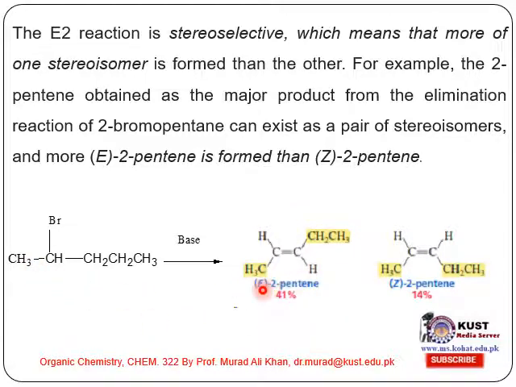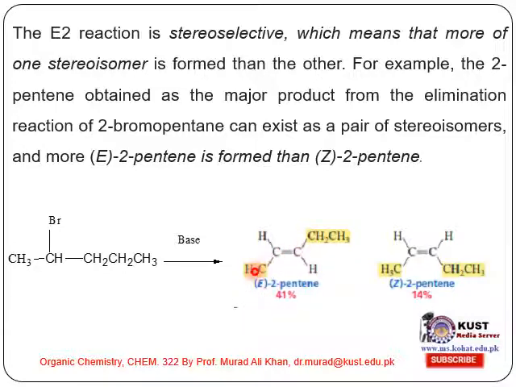The two products are: one is E-2-pentene, the other is Z-2-pentene. E-2-pentene is formed more than the Z-2-pentene.